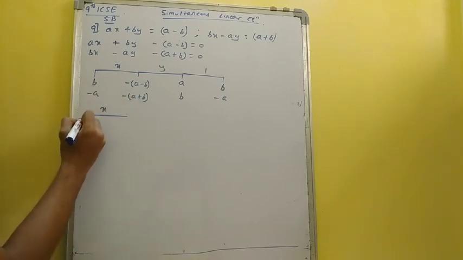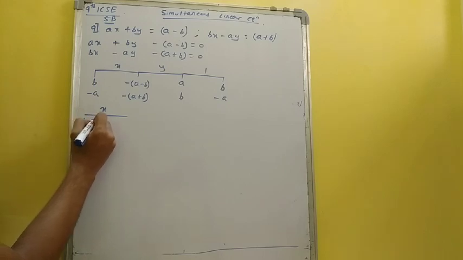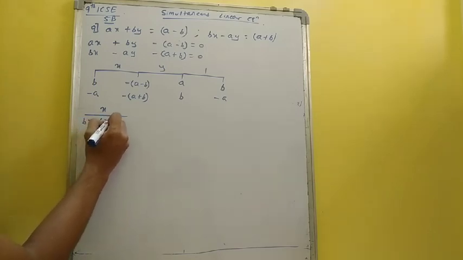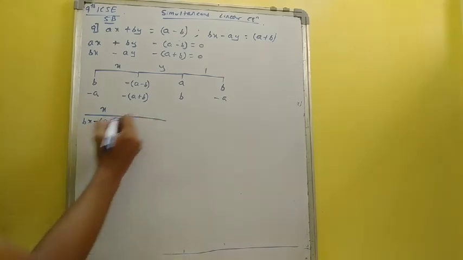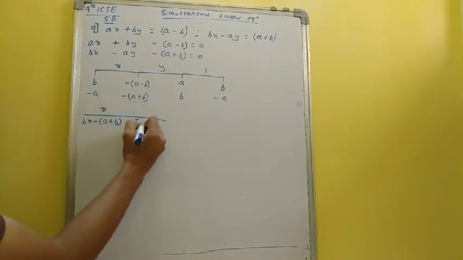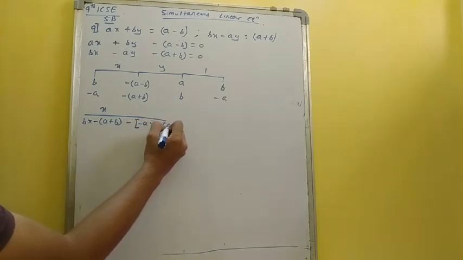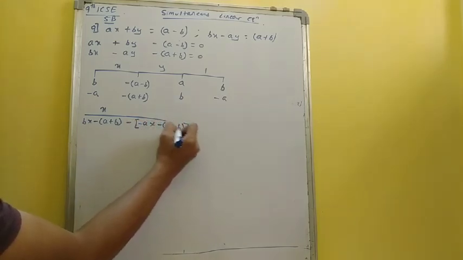Okay, so this multiplied by this, that is b multiplied by minus a plus b, minus a multiplied by minus a minus b.